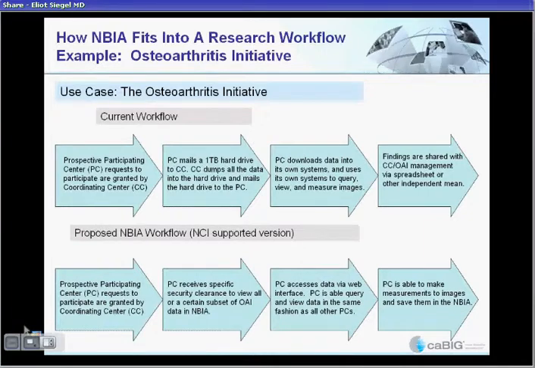The current workflow at the Osteoarthritis Initiative, which contains a series of MR studies of the knee and also conventional radiographs of the knee, is that if a researcher, such as myself, for example, at the University of Maryland, wants to have access to those images to do a project, such as development of a computer-aided detection program, then as it used to exist, one would need to actually mail a hard drive to the folks who are running the Osteoarthritis Initiative imaging project, and then have them write images on there, or alternatively they would be able to send you and loan you a hard drive where they would put the images.